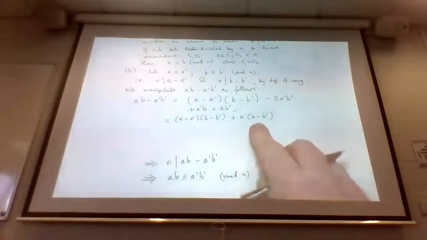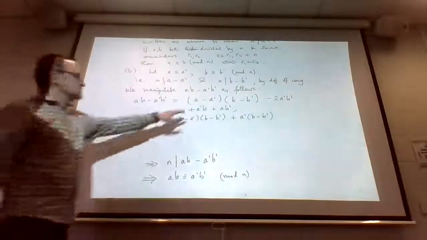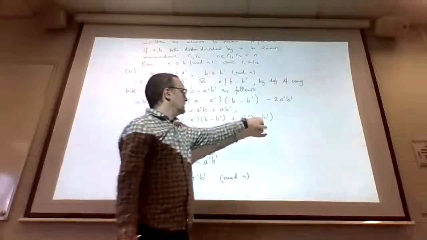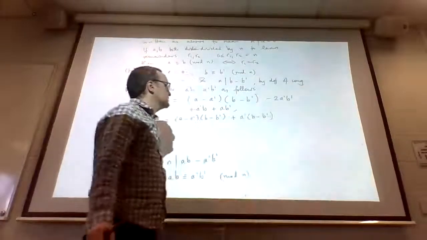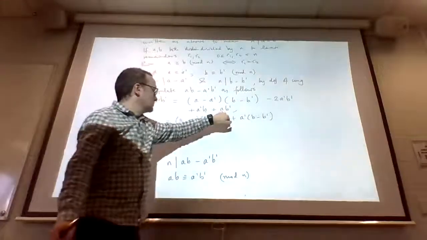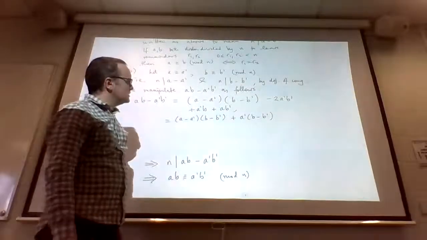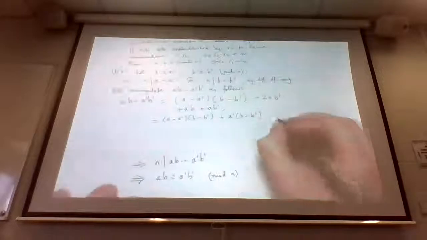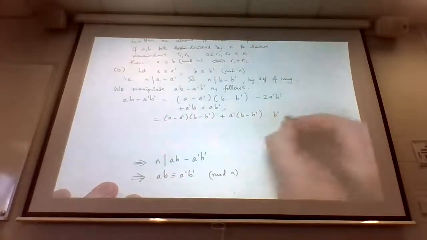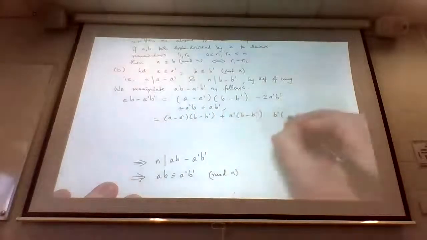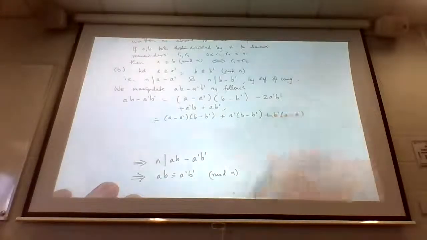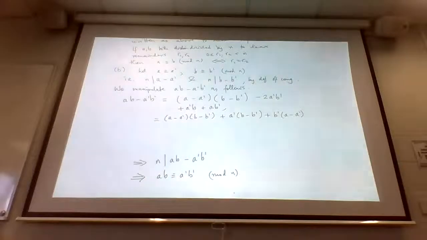So that term, A prime into B minus B prime, accounts for this here and one of these two. Minus B prime, A prime, one of those two. The other remaining negative one, I partner with this, and I take out the multiple of B prime this time. And you've got B prime into A minus A prime. Okay, so that's the thing I need.